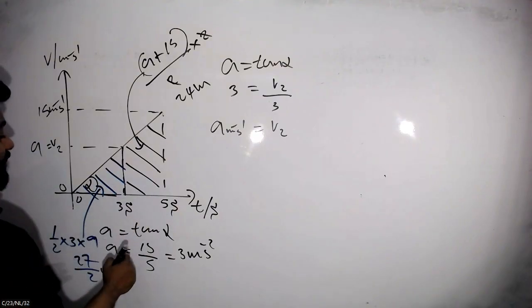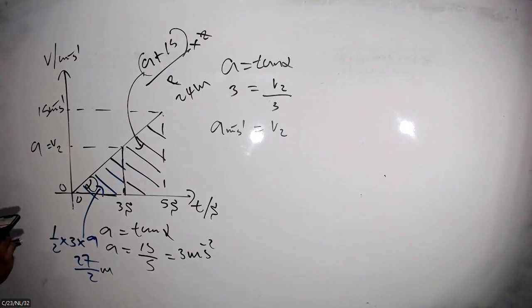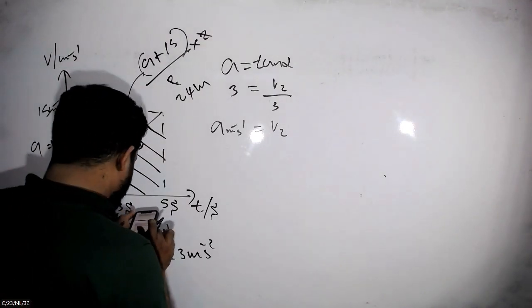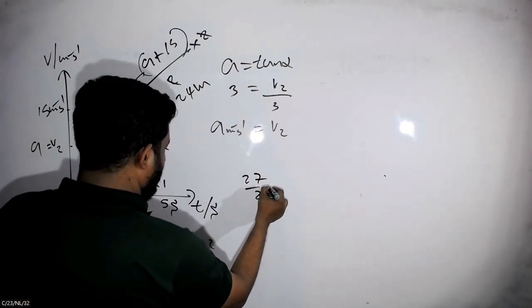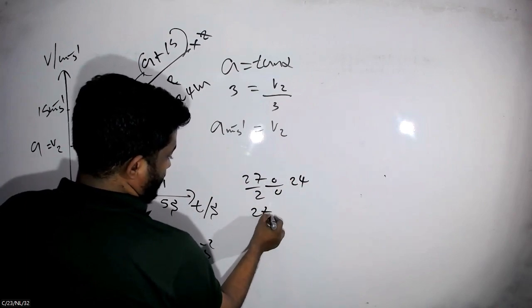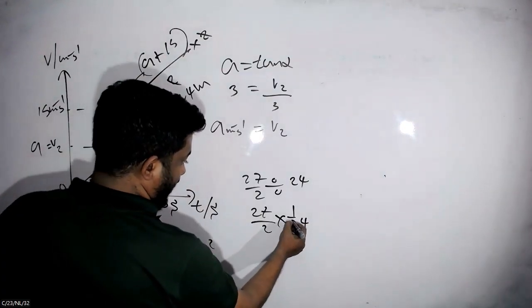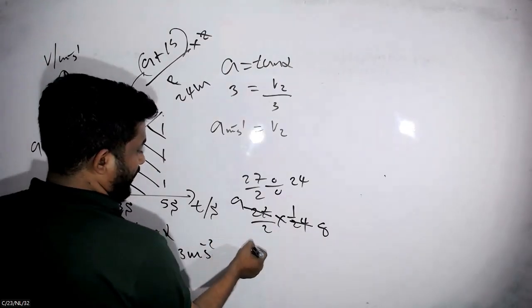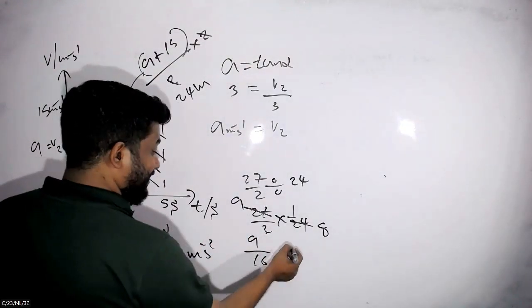During the last 2 seconds, 24 meters. You need to find the ratio, right? What is the ratio? The ratio between the distance traveled by the object in the first 3 seconds, 27 over 2, divide by 24 for the last 2 seconds. Reciprocal multiplying, 3 times 8, 3 times 9, 9 over 8 into 2, 16. First one is the answer.